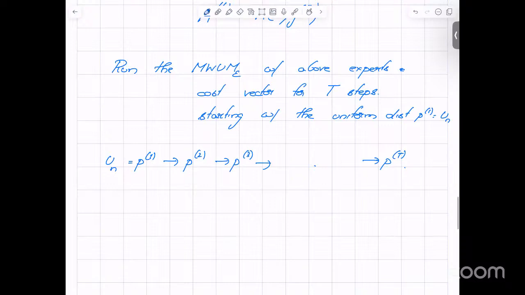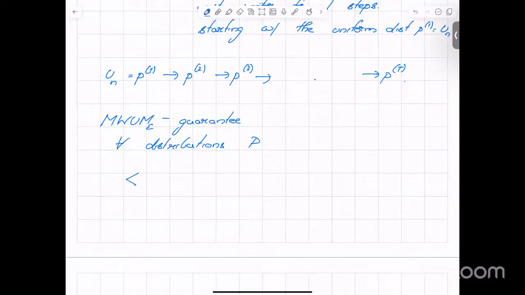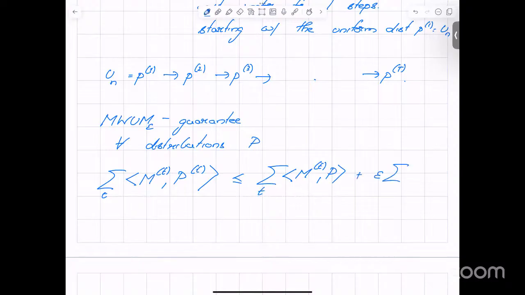The algorithm goes with this. Let's write down the MWM guarantee. For all distributions P, we have the summation over t of m_t P_t is less than or equal to the summation of m_t P plus epsilon times the absolute value of m_t P plus ln n by epsilon.